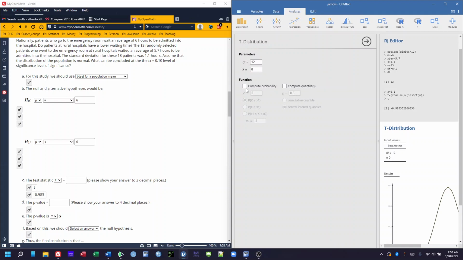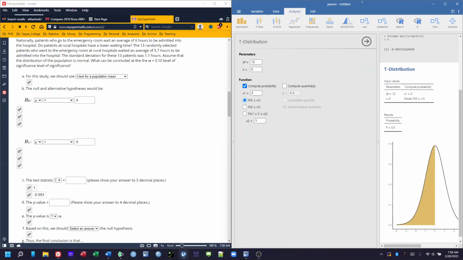And now we need to compute a probability. Let's compute this probability, and let's put in here negative 0.9833321666036. That's probably too many decimal places, unnecessary. And we can hit enter.